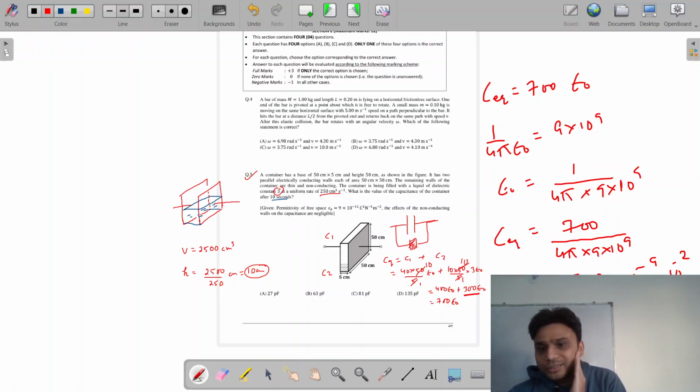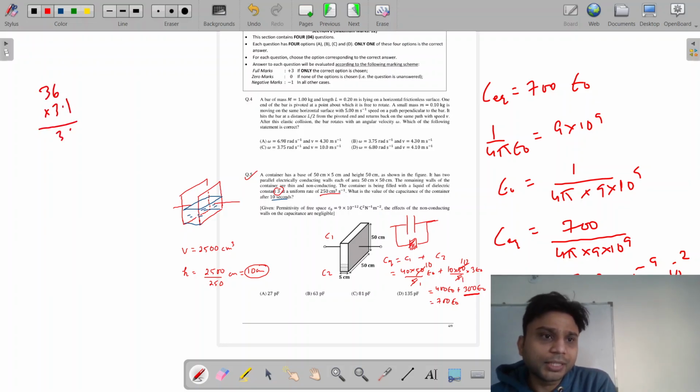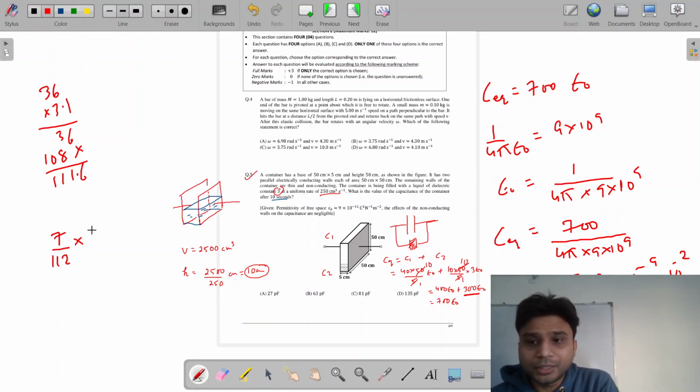Let's see what we get. So 36 into pi into 3.1 is about 108, so this would be 611, 111.6. So this is 7 upon 112 into 10 to the power minus 9.